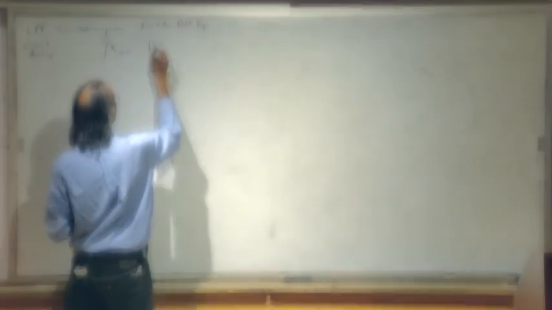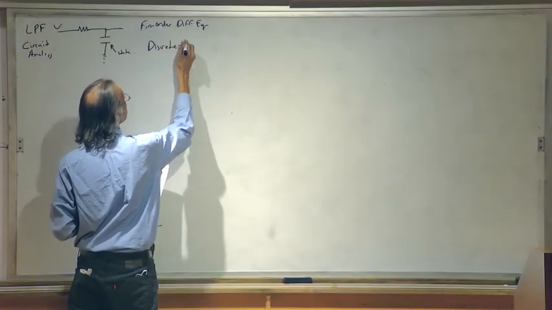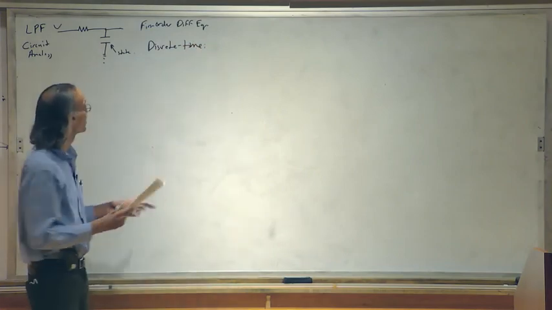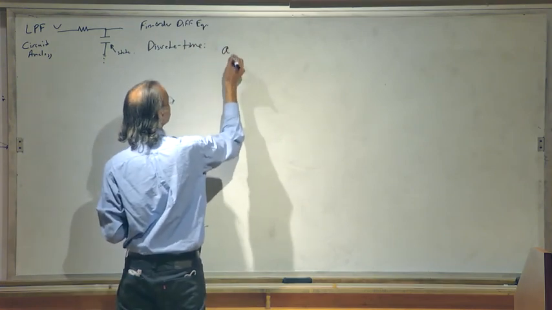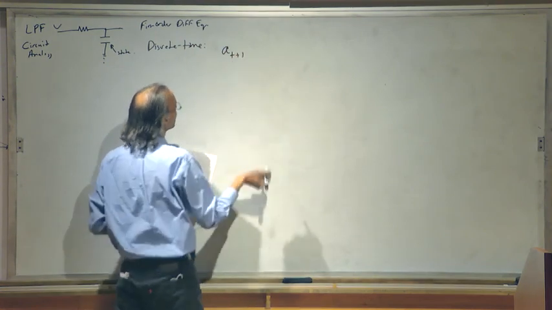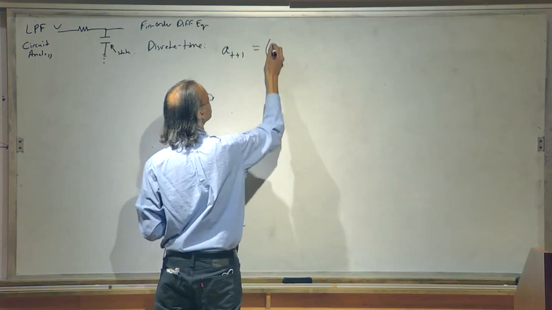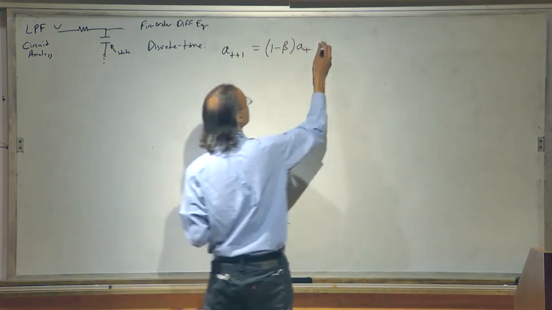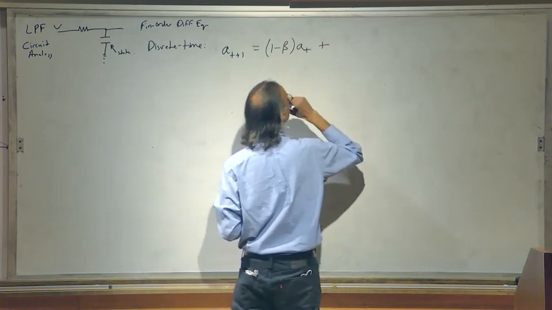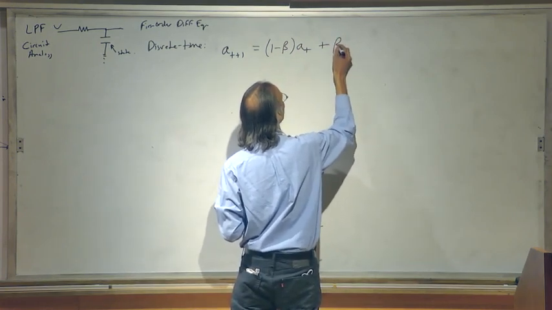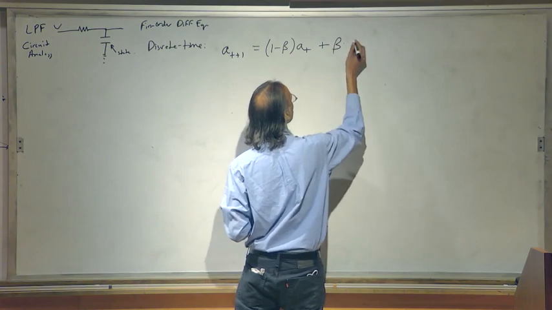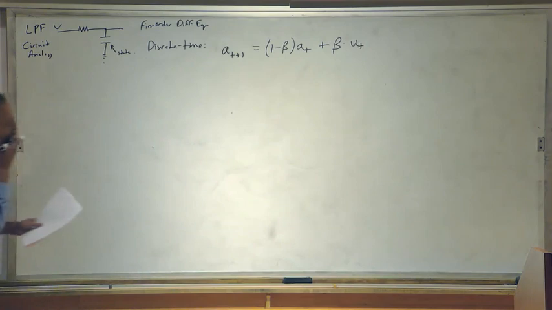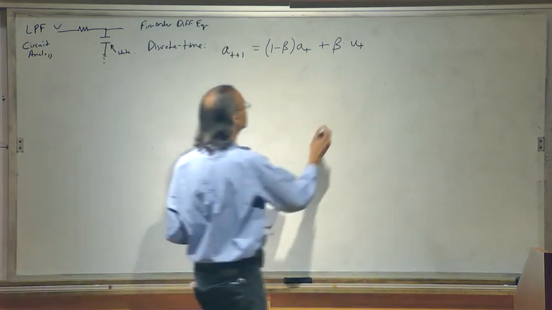So, discrete time. If I want to average numbers, I can say the average at time t plus 1 is 1 minus beta times the average at time t plus beta times the thing you're averaging. So this is a time sequence.